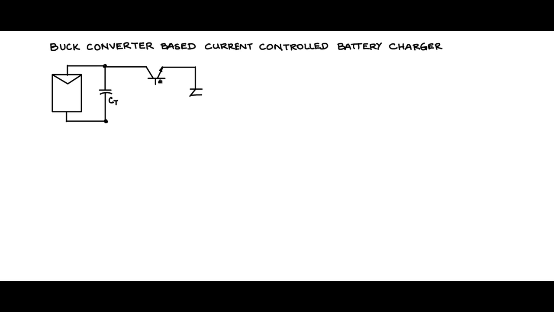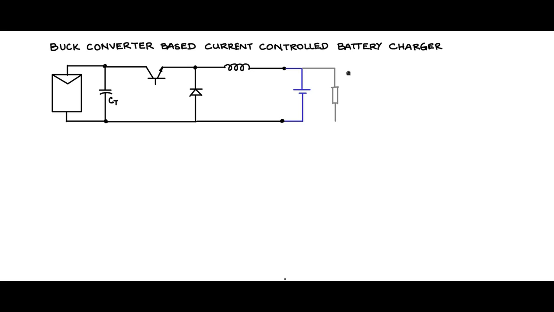Now this BJT switch can be replaced with a MOSFET switch or an IGBT switch, a power semiconductor switch, followed by a diode, and I have an inductor, and following the inductor I am not going to place a capacitor. Instead of the capacitor I will connect a battery in this fashion. And across the battery you may or may not have the load, like this.